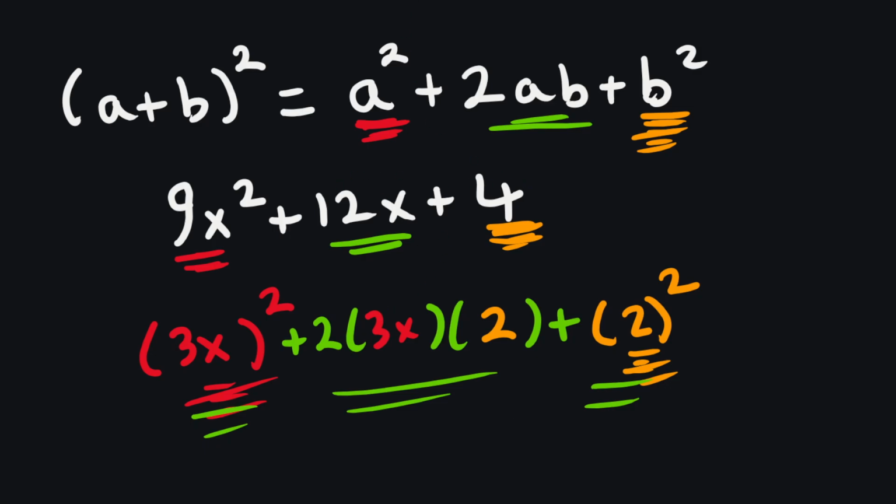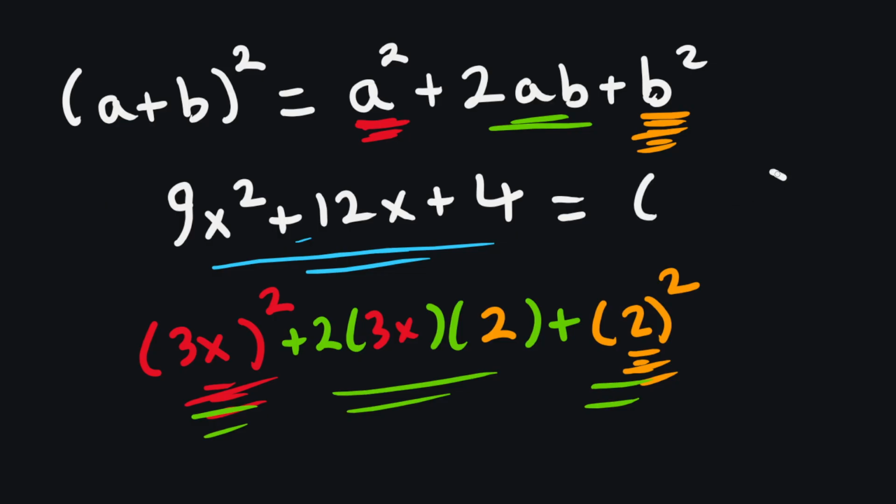Therefore, since all of this is a perfect square trinomial, we can factor it to a plus b squared. And what is a? We said that was 3x.